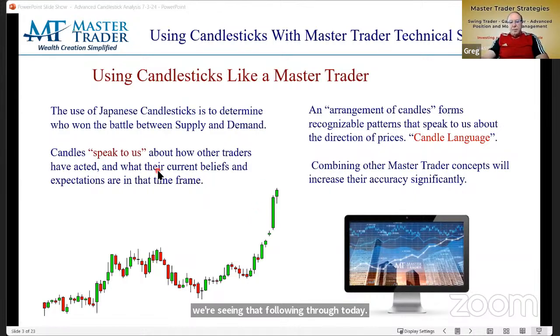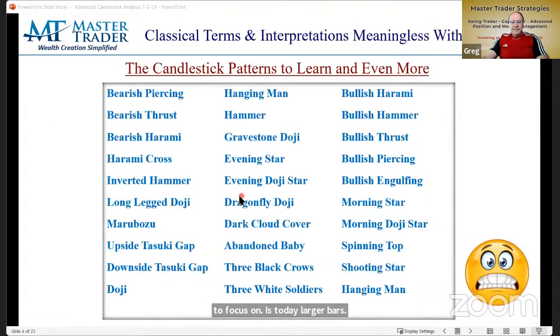So again, they speak to us in a candlestick format, and primarily what we're going to focus on today is larger bars and potent reversals. Now here's a whole bunch of names: candlesticks, piercing patterns, thrust patterns, Haramis, crosses, inverted hammers.